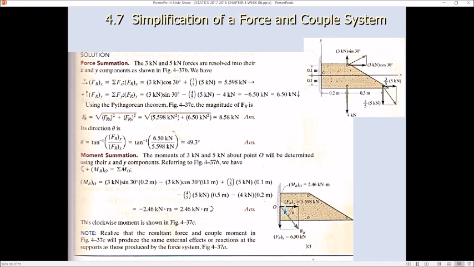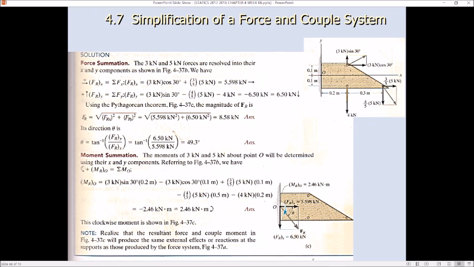So get the summation of all the forces in x axis, and then the summation of all forces for y axis, and then you will have the x and y components of the forces. Then use the Pythagorean theorem in order to get the resultant force.